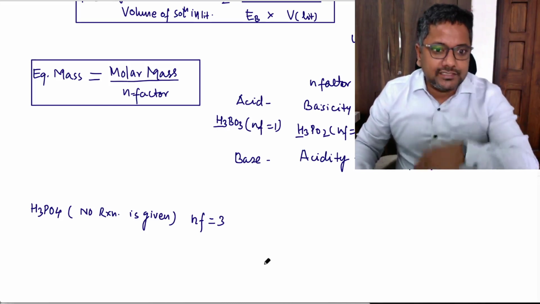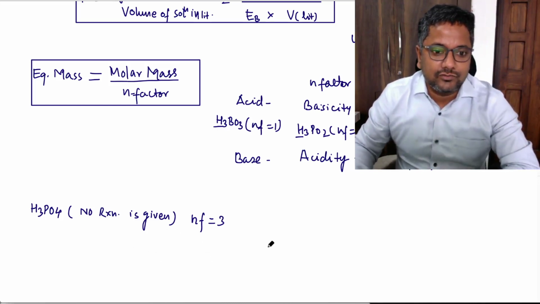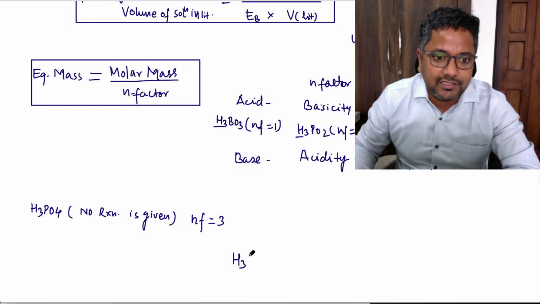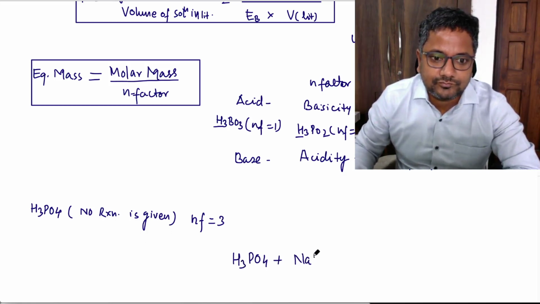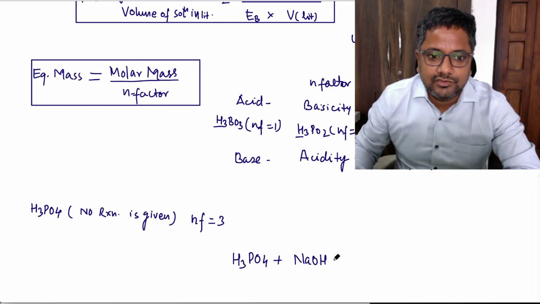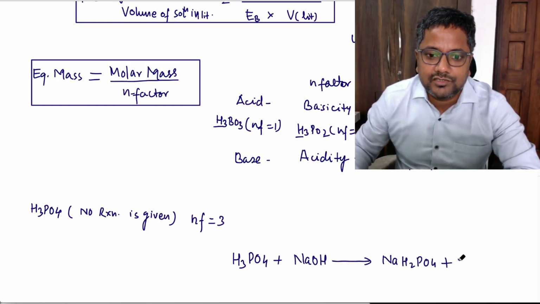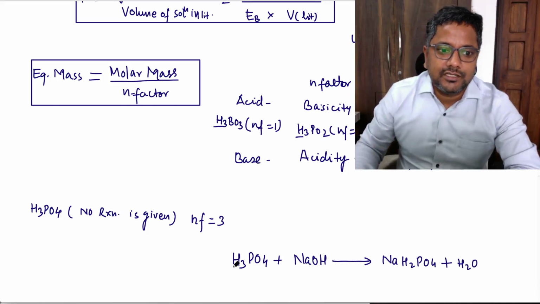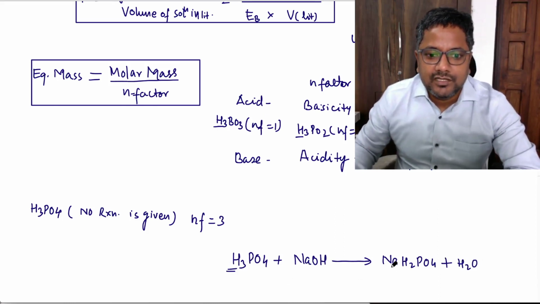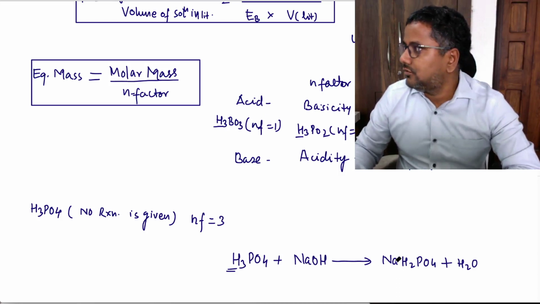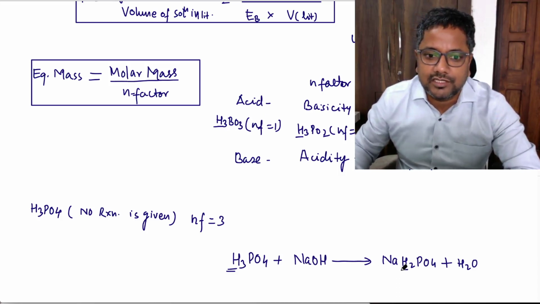But when a reaction is given, you cannot take n equal to 3. Suppose the reaction is given: H3PO4 plus NaOH gives NaH2PO4 plus H2O. See, 3 hydrogens are there, but in the reaction only one hydrogen is replaced.